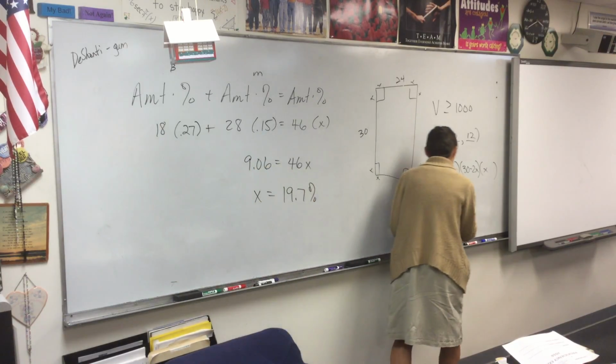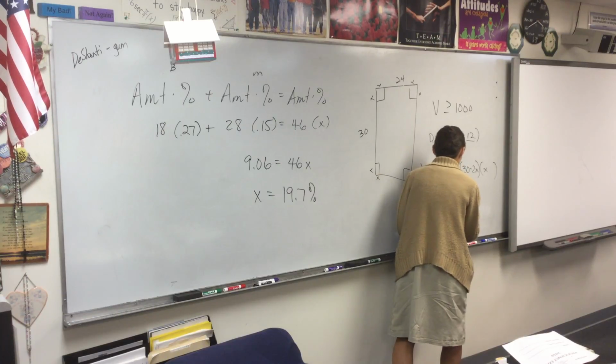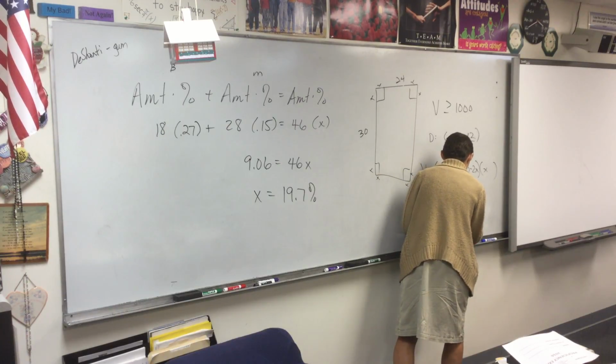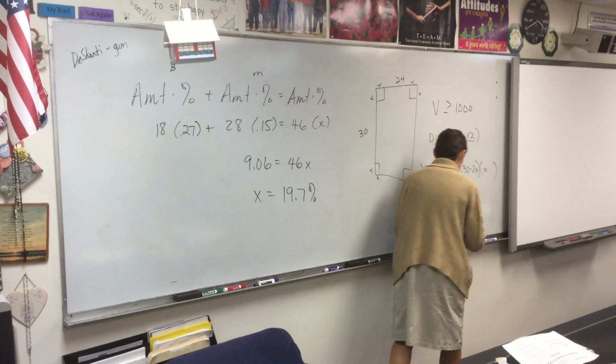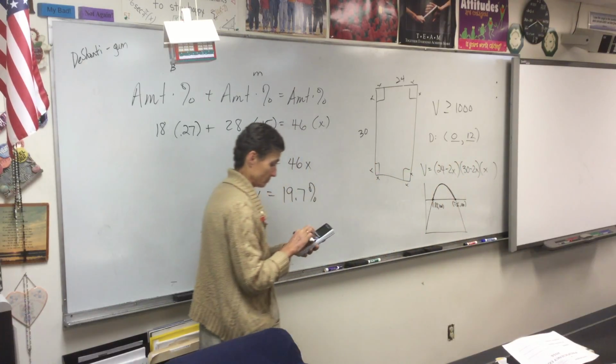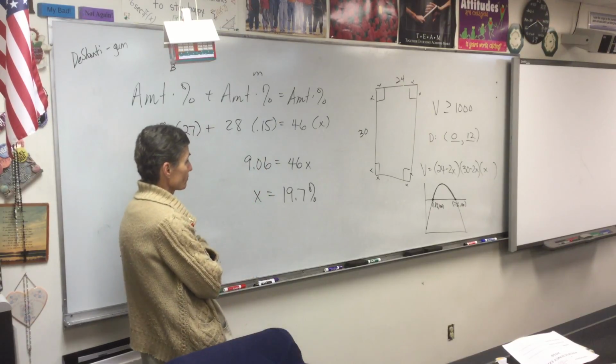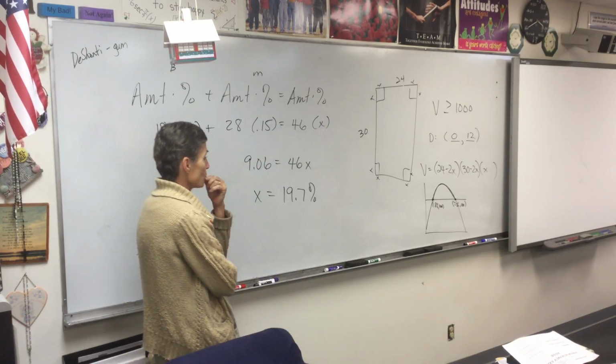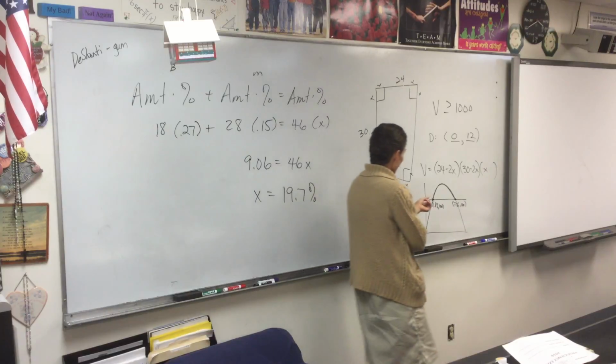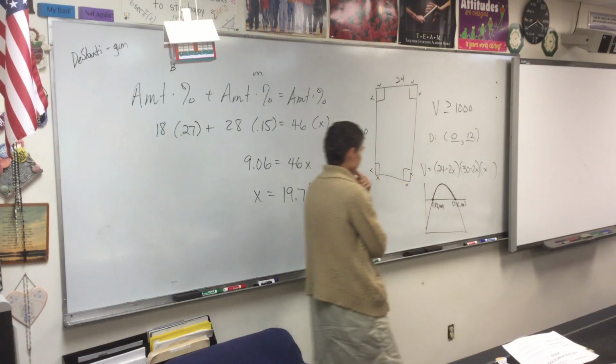And it's about 7.56. So those are the places where the volume exactly equals 1,000.